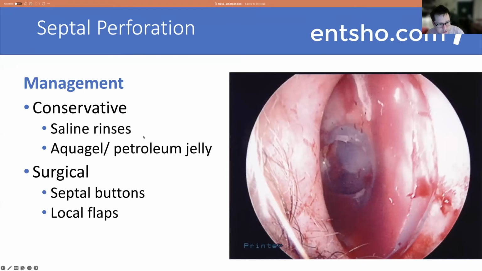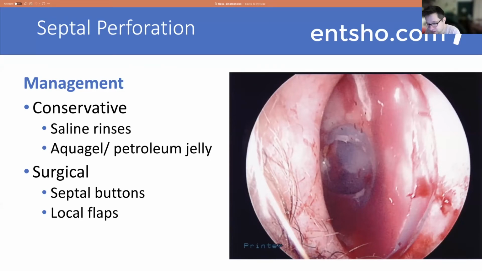So the management, as we've mentioned, a lot of the problems come from the fact there's dry air passing through the perforation. Ways to mitigate that are to apply some jelly to protect the mucosa. It's obviously quite awkward to apply, and it can be quite a challenge. For the crusting, saline rinses work very well, simply to wash those out.